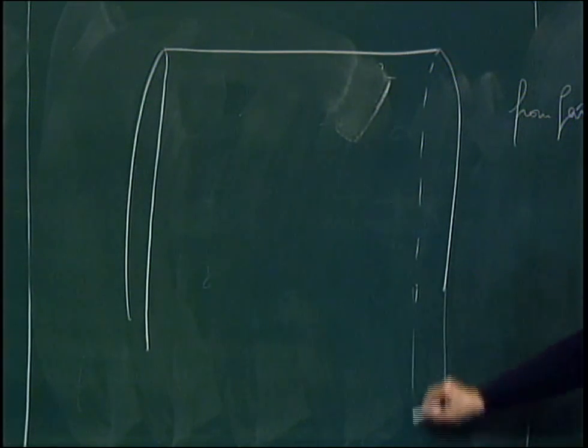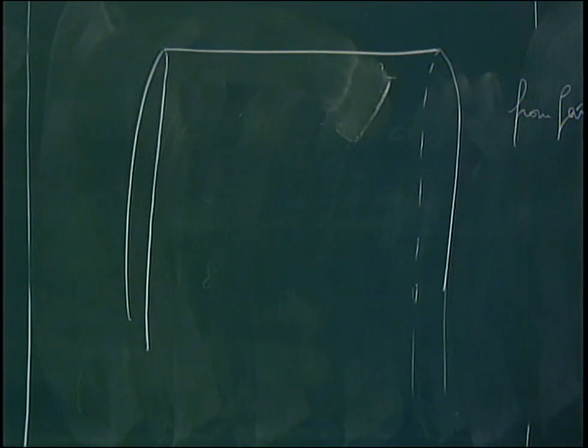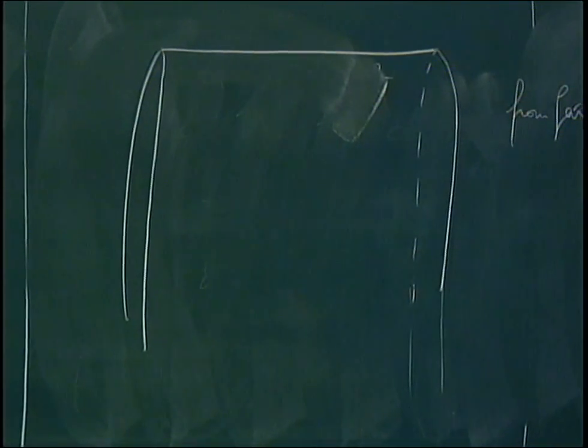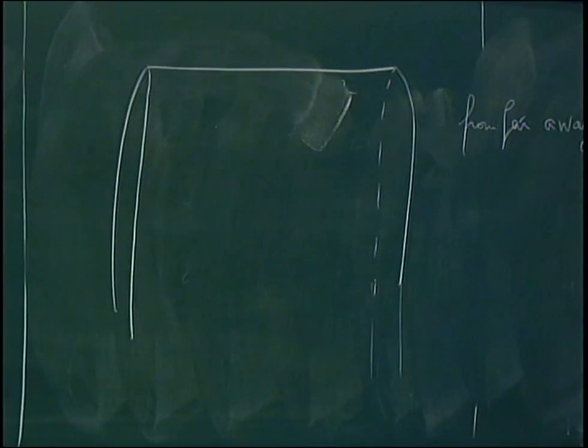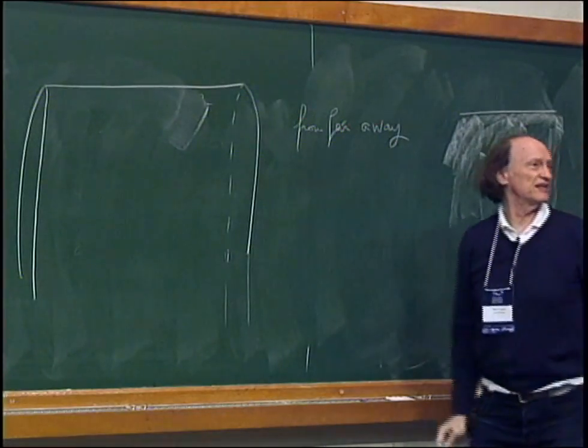Suppose the asymptotic tangent plane has a limit, which is vertical. From far away, what you see is something which looks like a half plane, but you have two sheets if it's a cylinder like in my picture.